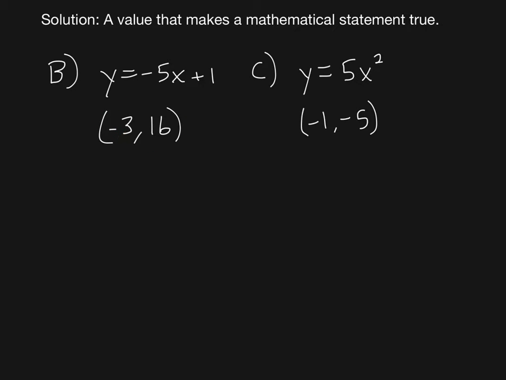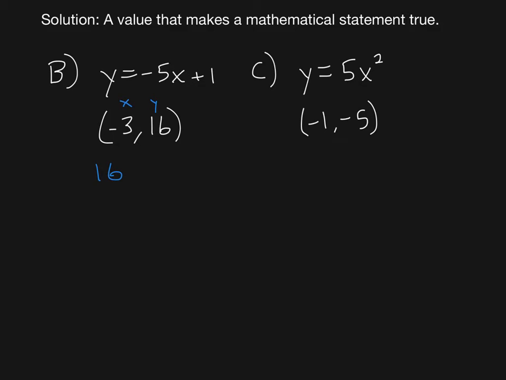The x coordinate is -3, the y coordinate is 16. Now we can check and see if this is actually a solution to this equation by plugging in each number for the variable it represents. Now -3 is the x coordinate, 16 is the y coordinate. So we're going to substitute those values into this equation.